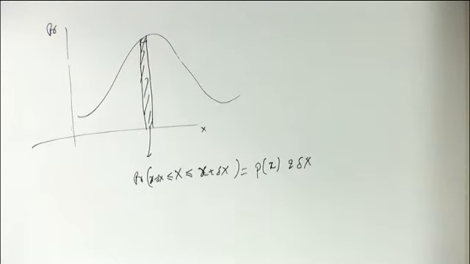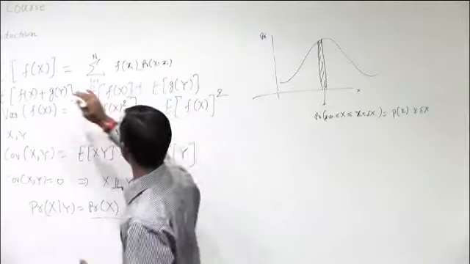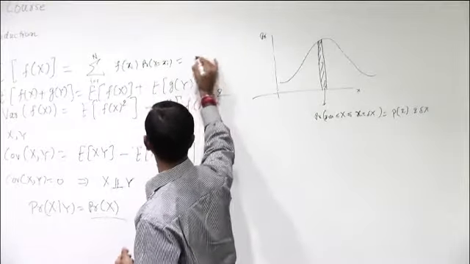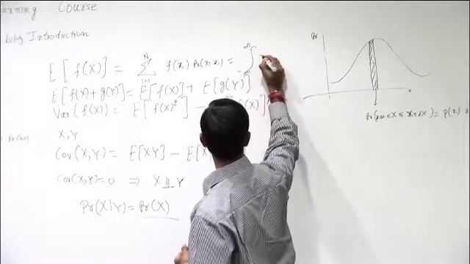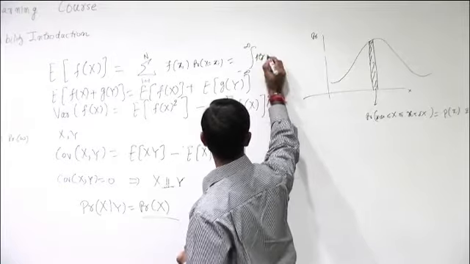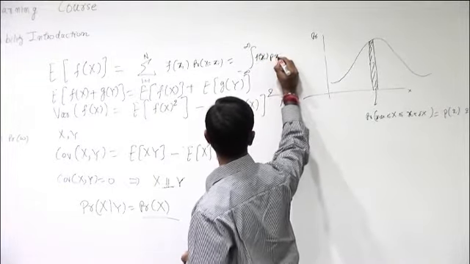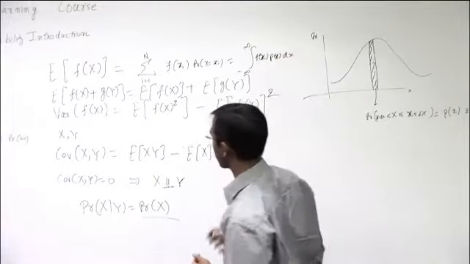And that's why you can define all these quantities analogously. So rather than the sum, you can define the expectation to be the integral from minus infinity to infinity of f(x) times p(x) dx.